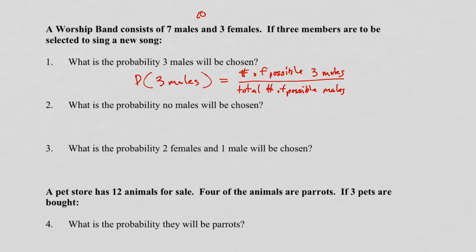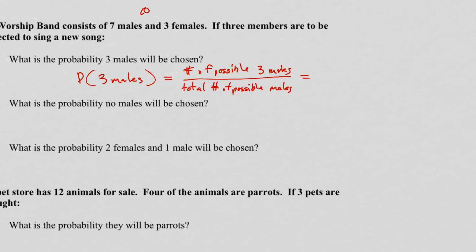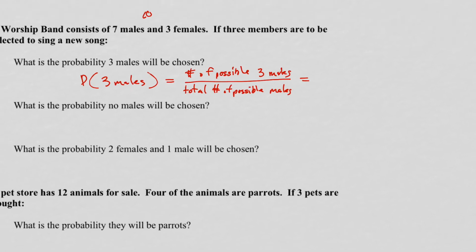Okay, so this is what it looks like, guys. So let me give you a warning. In the last section, we multiply combinations. In this section, we're going to divide combinations. Okay.